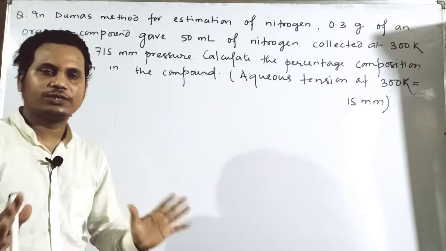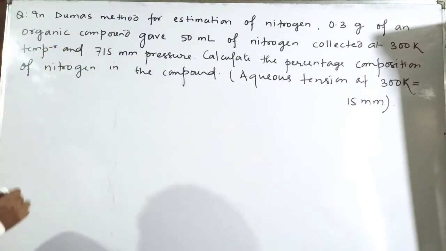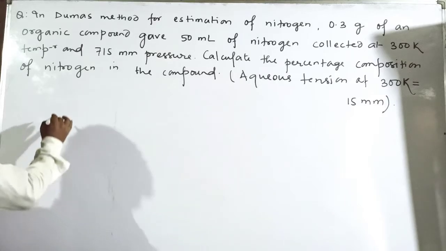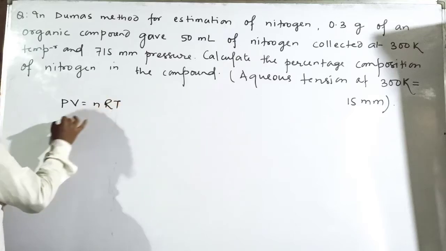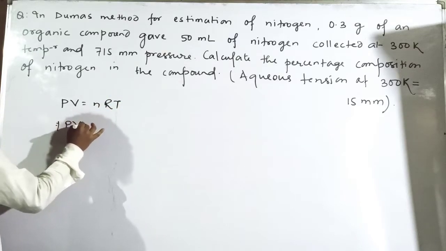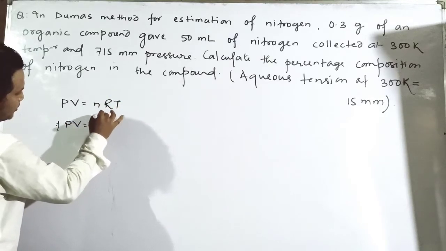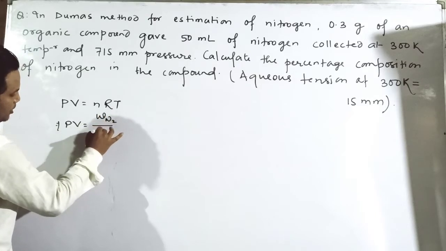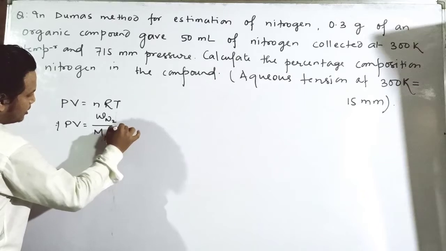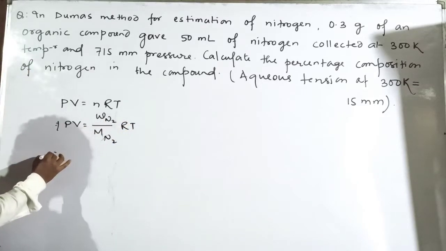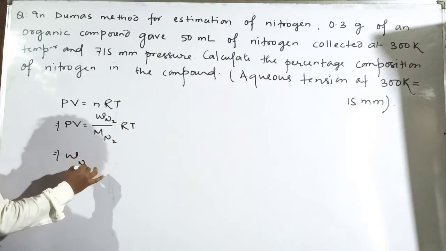So same question, let us try. So what we will apply? First we will apply PV equal to nRT. Then we will write PV is equal to n, where n means given mass of dinitrogen by molecular mass of dinitrogen, RT. From here we will find given mass of N2.